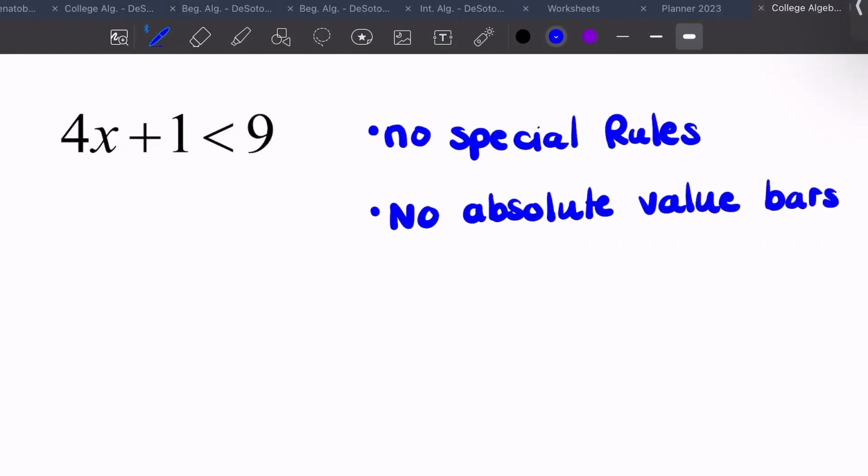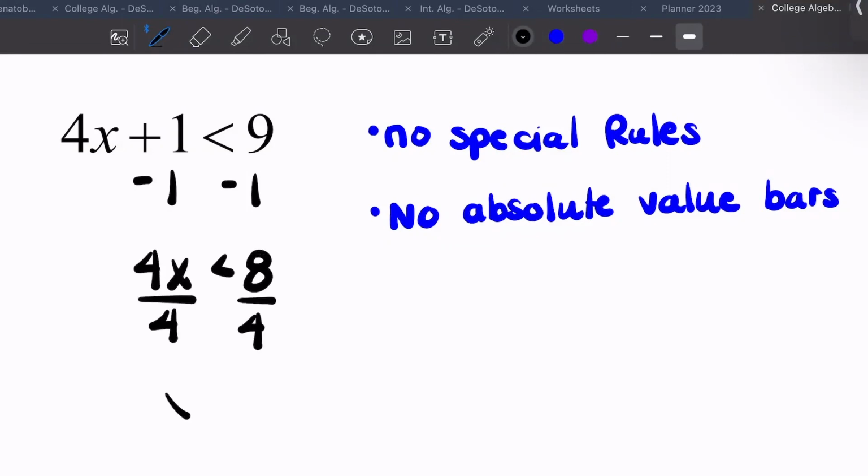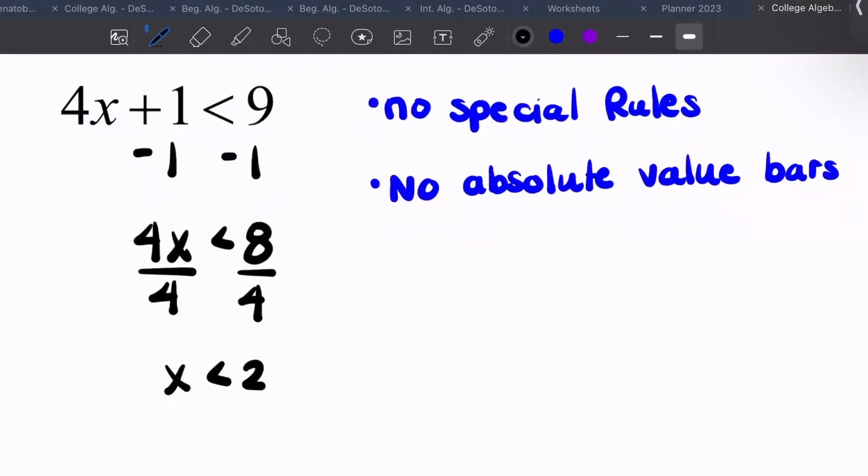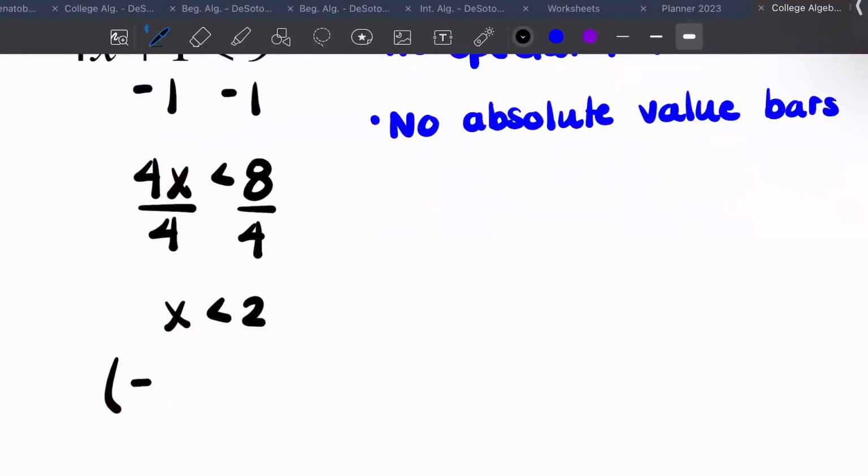This is not an absolute value equation or inequality at all. There's no bars. So this is just normal. You would just subtract 1 from both sides and get 4x is less than 8. Divide by 4 and get that x is less than 2. So you would say negative infinity to 2 and you would be done.